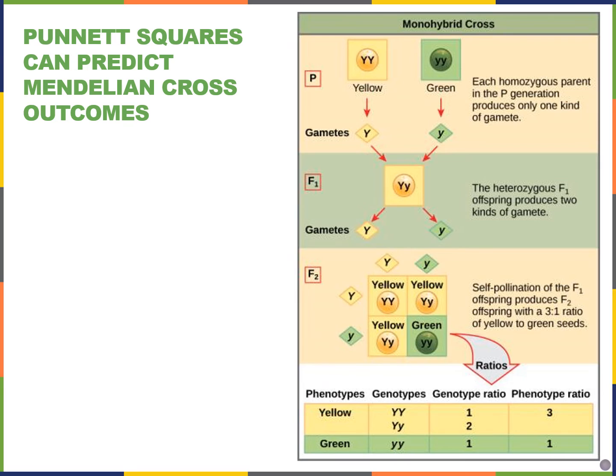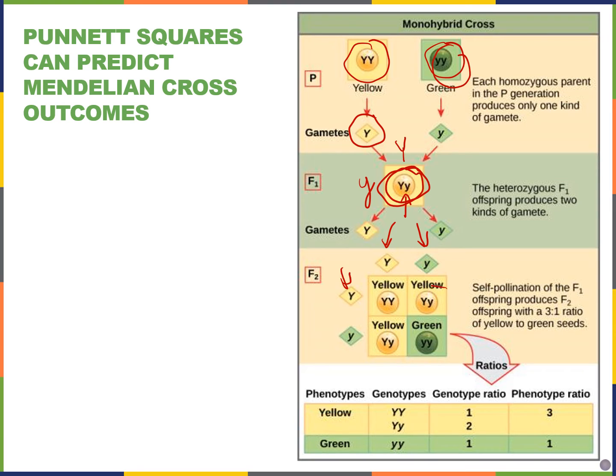All right, again, Punnett squares are really great at predicting outcomes for our offspring. If you have parents that are homozygous, you really only need a 1-by-1 box because this one can only donate a big Y and this one can only donate a small y. So 100% of the offspring will be hybrid, heterozygous. But now these offspring can generate 2 gametes, so it's nice to have a 2-by-2 box.